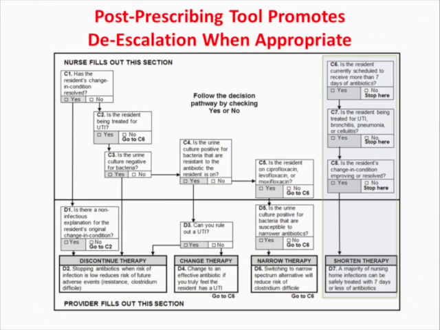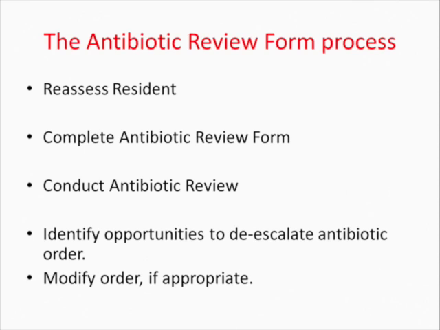And the third one includes opportunities to shorten the duration of therapy when appropriate, and there is information available on the form on rationale for shortening and for what may be an appropriate shortened duration.